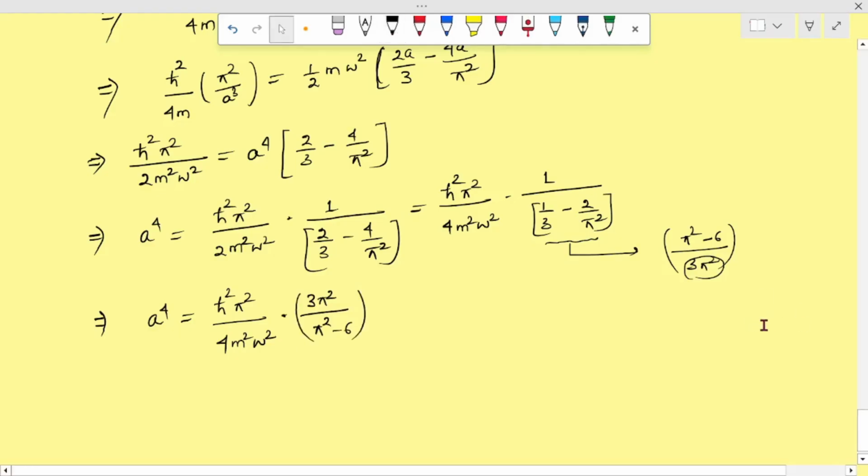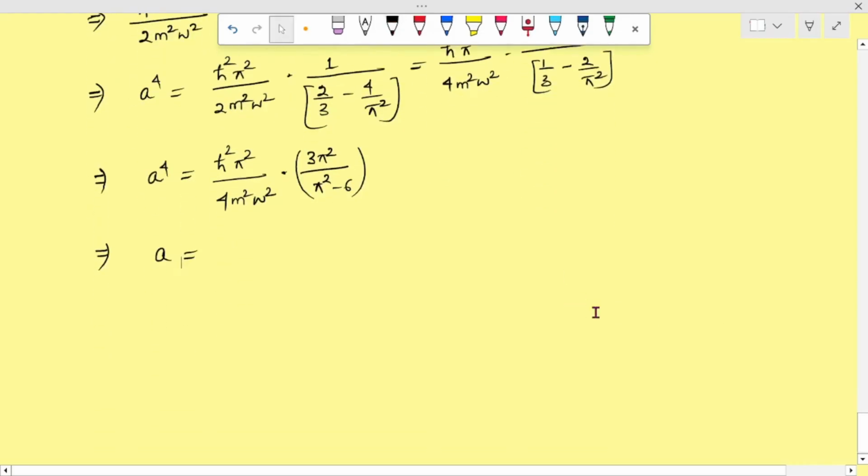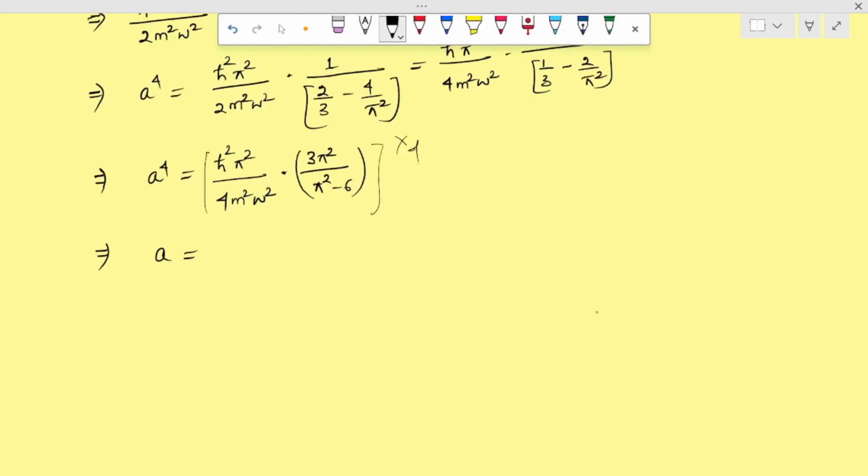Okay, now a will be the value. That implies we found a equal to this much term to the power 1 by 4. Here you can see π² is π to the power 4, so we can get π. ħ² by 4 m ω to the power 1 by 4.